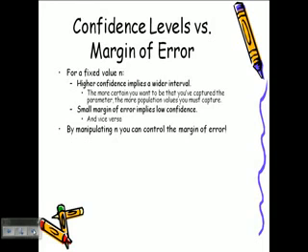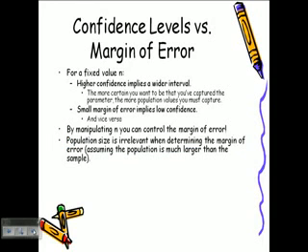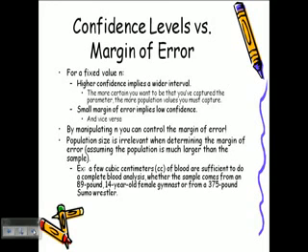From the formula, since you are dividing by the square root of n, a larger sample size will decrease the margin of error. Now, in all of this, remember that the population size is irrelevant when determining the margin of error. As long as the independence clause holds true, you must have a population that is much larger than the sample. All right, here's an example to show you how irrelevant population size is.